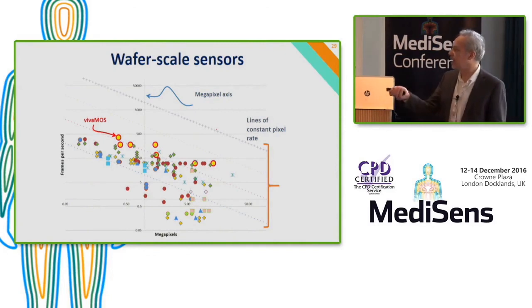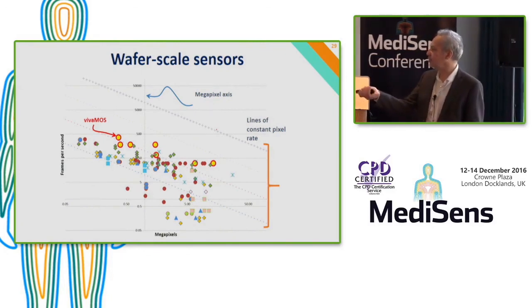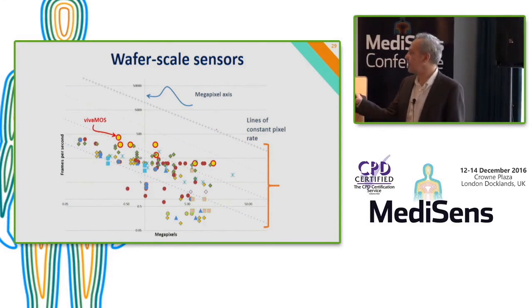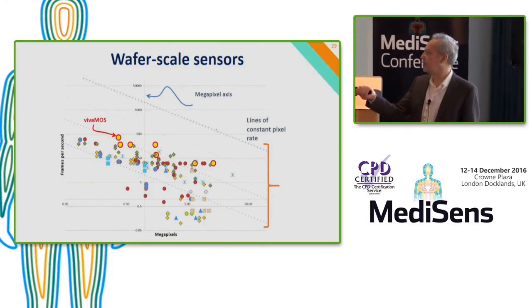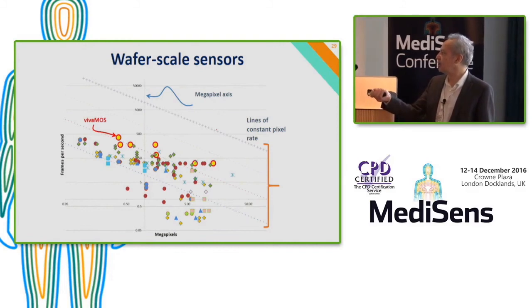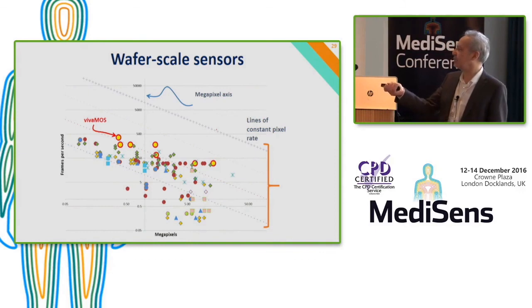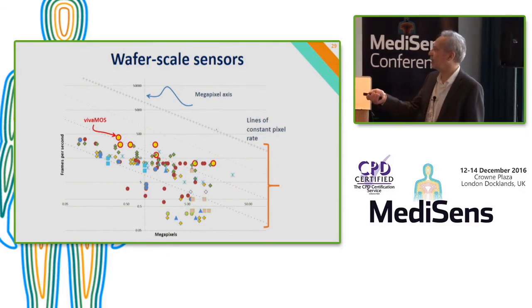And this is a slide with axes just for the sake of confusion. They are different from the previous one. So that's megapixels in one direction and frames per second in this one. In the plot before, a constant gigapixel rate was horizontal. Now it's this 45-degree line.